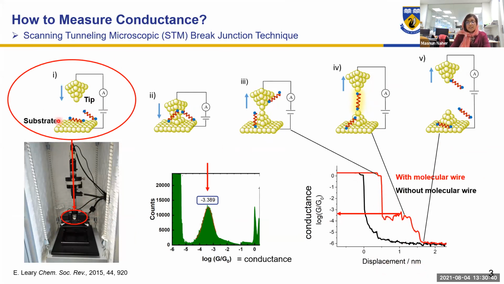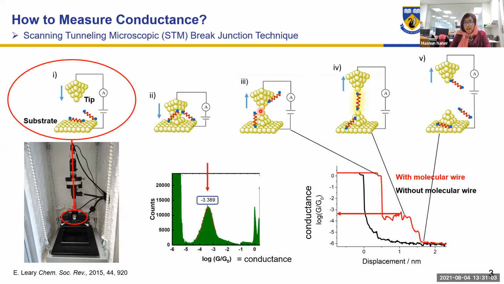First of all, in this technique, we put the tip into the substrate layered with molecule. And in the next step, if we slowly take the tip out from the substrate, at a certain point, you can see one gold atom contact. At this point, if you go back to this plot, the conductance is very high.